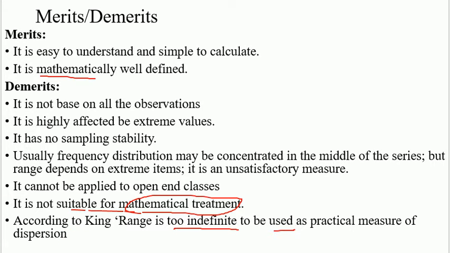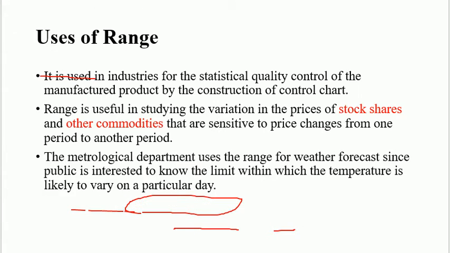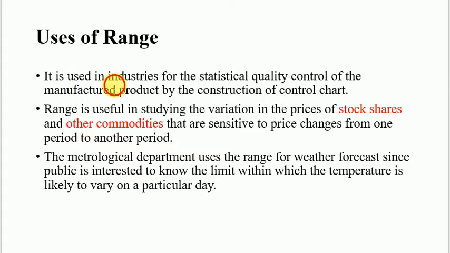Now, with all these demerits, where is the range used in practical life? Let us see the uses of the range. It is used in industries for statistical quality control of manufactured products by construction of quality control charts.